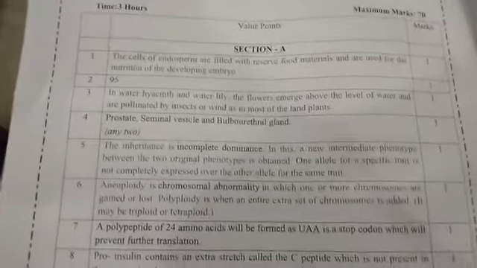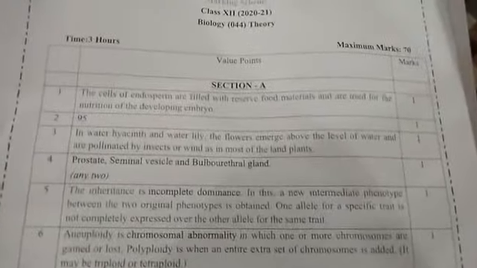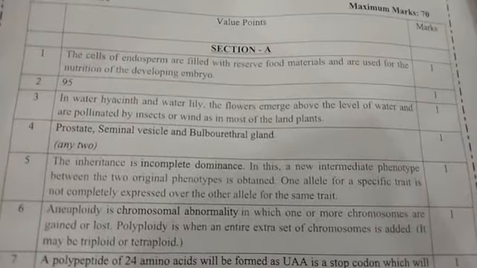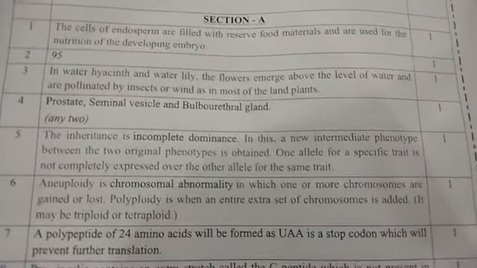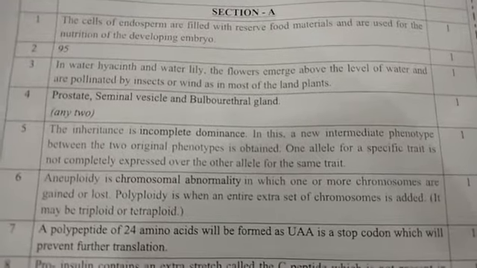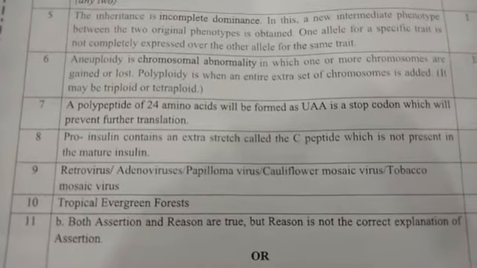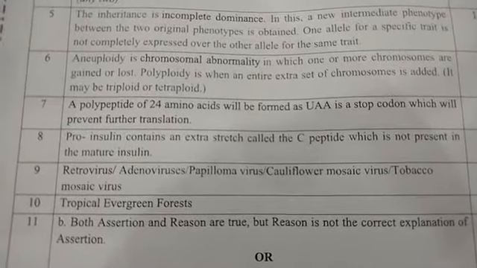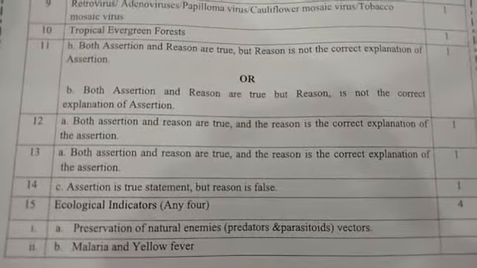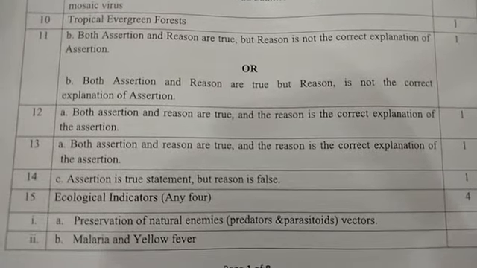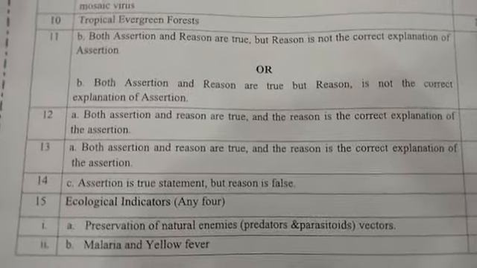Okay, sample paper ka. And now I will share the answers. I'll just focus on it. I'm not reading out the answers so that you can check it yourself whether you have answered it correctly or not. Okay, this is section A. So 15 answers are over here.